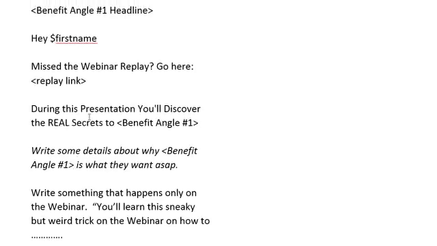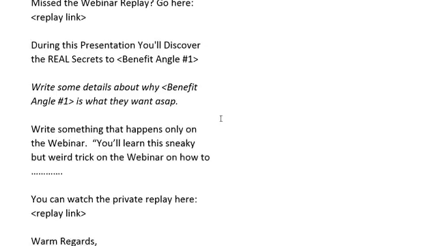So you can say, during this presentation, you'll discover the real secrets to benefit angle number 1. So saving time, saving money, or saving something, or solving something. And then you want to elaborate on that benefit number 1.